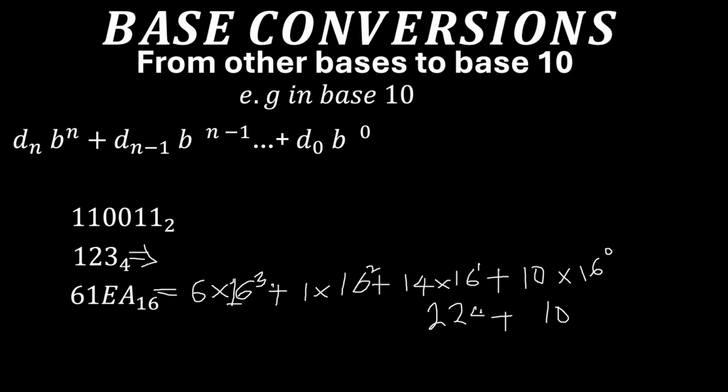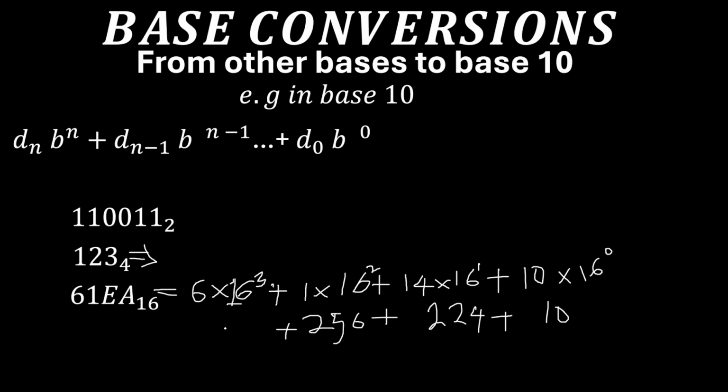Yes, this is 224. But this one is 16 times 16, then times 1, that's 16 times 16, which is 256. Okay, 256. Why this one is 16 raised to power 3 multiplied by 6.